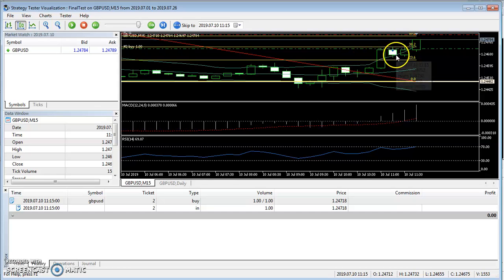So we can see here that this candlestick ended just a bit below where this trade was open.